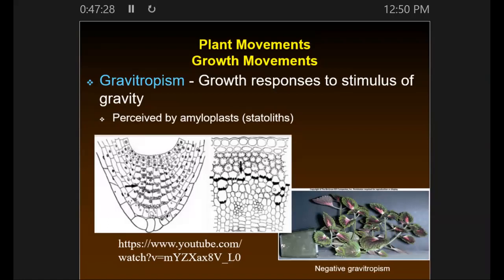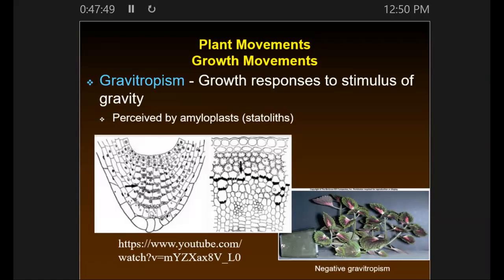And what they have found out is that there are special organelles, amyloplasts, which store starch in the roots. All these dark little balls are amyloplasts in the root cell. If the root is growing straight down, the amyloplasts tend to settle to the bottom of the root cell.